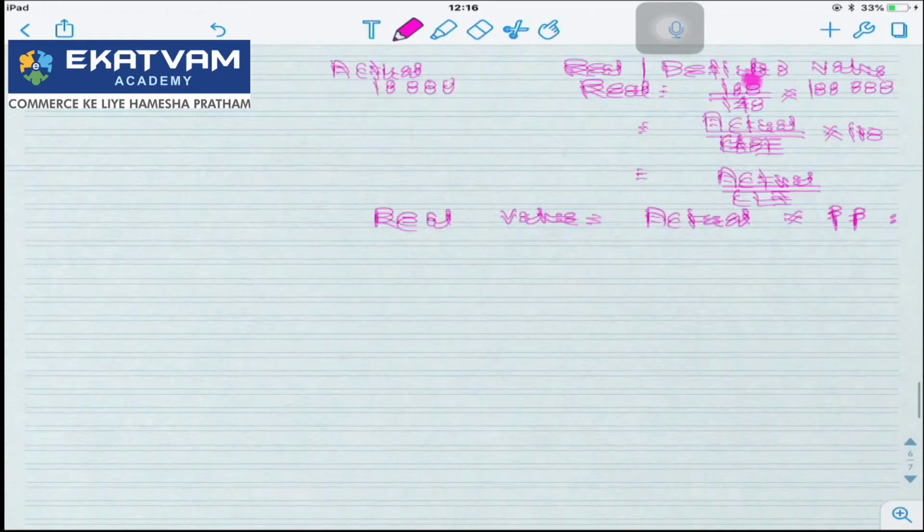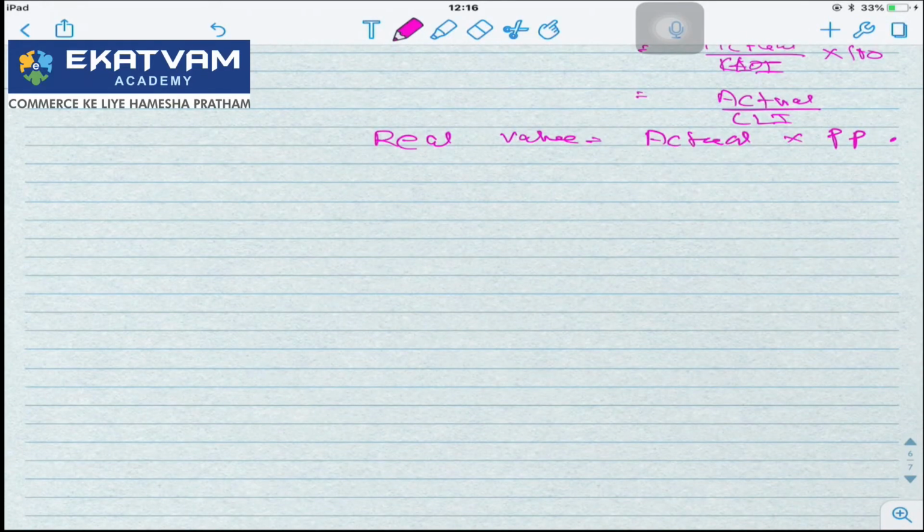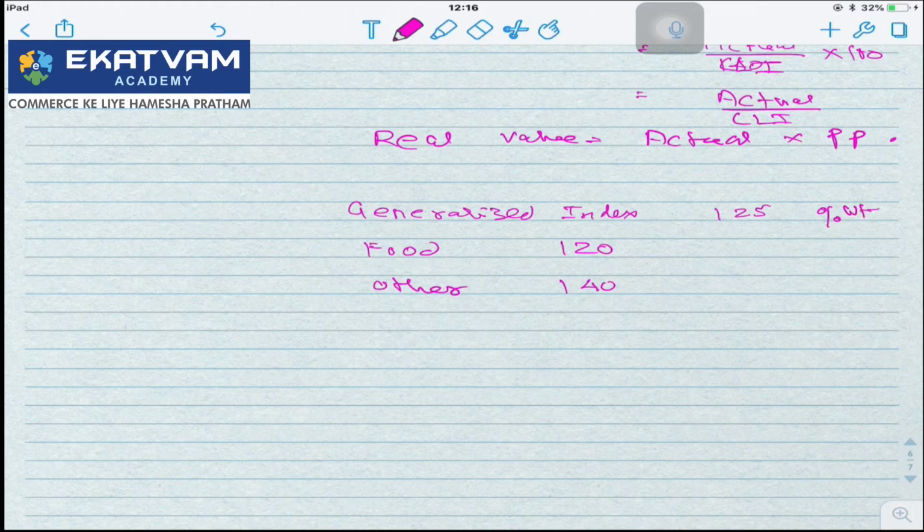Now if I ask you that the generalized group index is, suppose, 125, food index is 120, and others index maybe is 140, what percentage of weight is given to food? Tell me, how should I go? Then consider the total weight to be 100 because it's percentage.